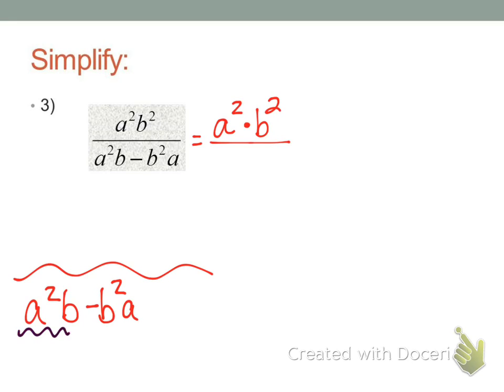So these are my two terms. What do they have in common? The square. Not the square. They both have something that is squared, but that doesn't mean I can factor that out. They each have a b and they each have an a. So I could factor out a b from both of these.